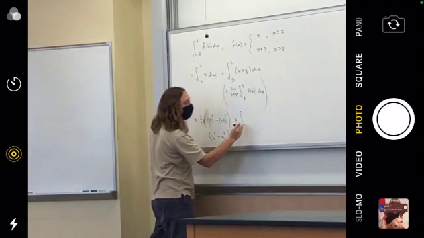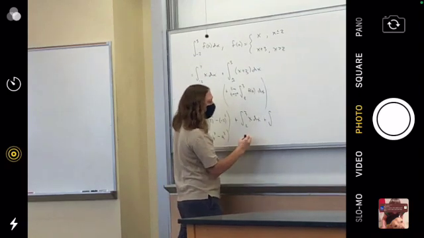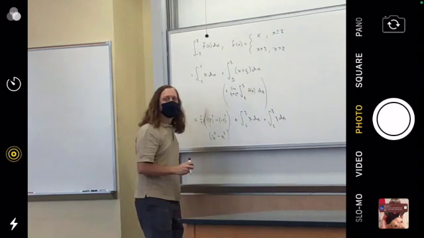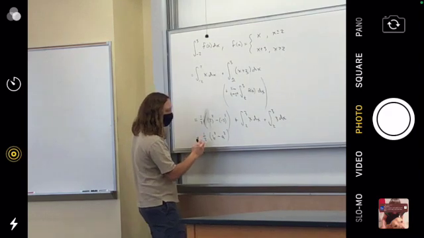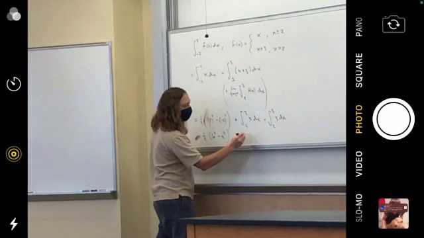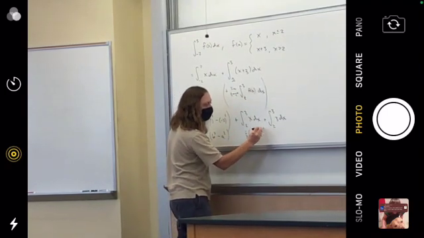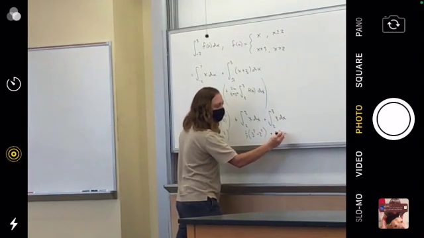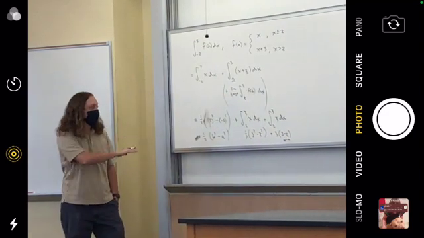And then what about this one? It would be the integral from 2 to 3 of x dx plus the integral from 2 to 3 of 3 dx. What were the formulas for these? This is the same thing, right? So 1/2 times 3 squared minus 2 squared. What about this one? 3 times 3 minus 2, b minus a. So we actually have a formula already.